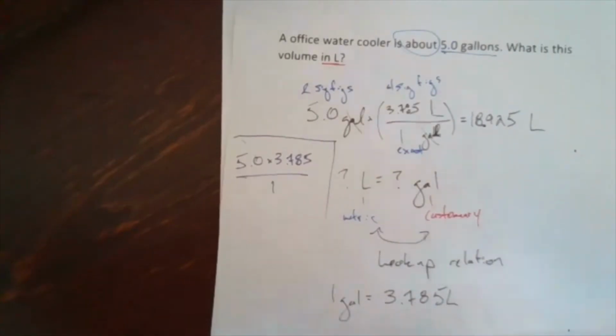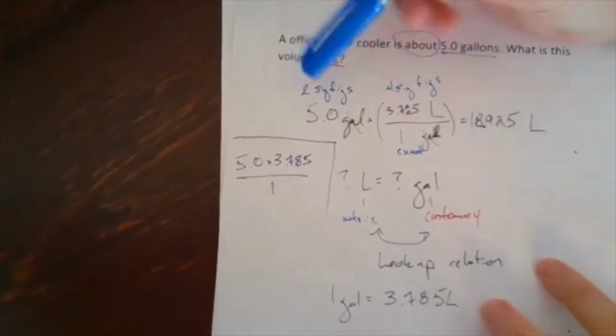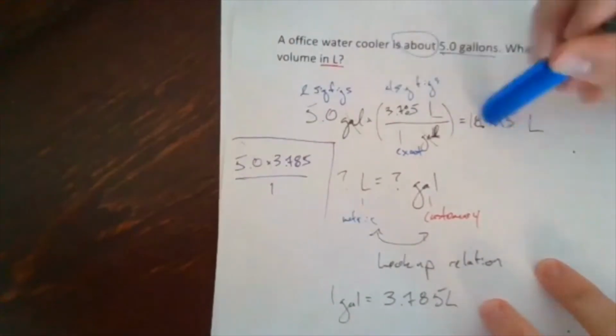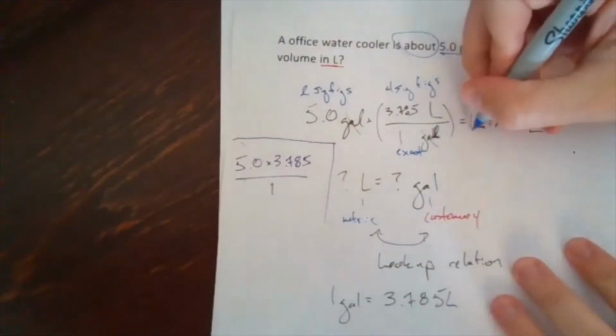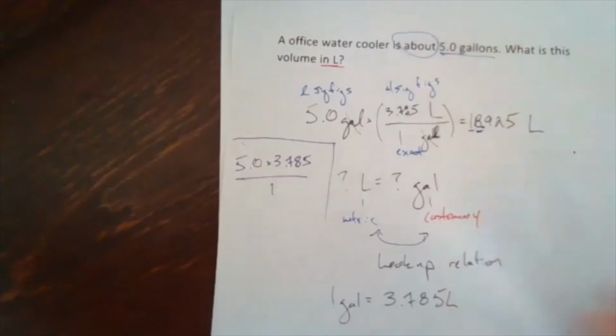So this would really be 1.00000. So we're just not going to worry about counting that 1 as far as sig figs go. So we can see we have 2 sig figs, 4 sig figs. We need to round our answer to 2 sig figs, the 1 and 8 of that 18. You can see the next digit is a 9, so we're going to round up, and the correct answer would be 19 liters.